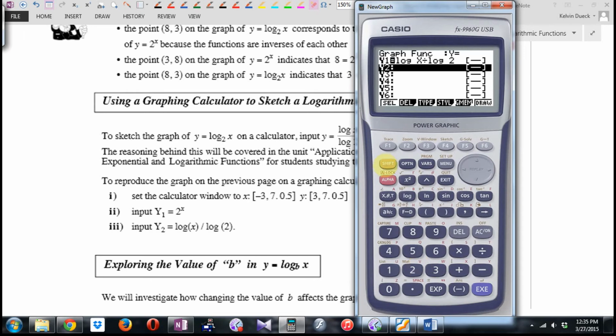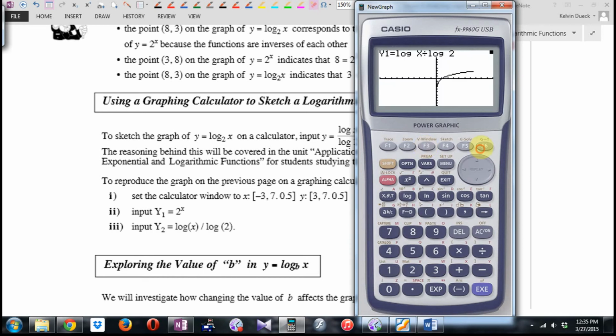Double check your view window, go Shift F3 and go View Standard. And if you hit Graph, there's our log graph. If you didn't get that, give me a wave and I'll come and see what the typo was.